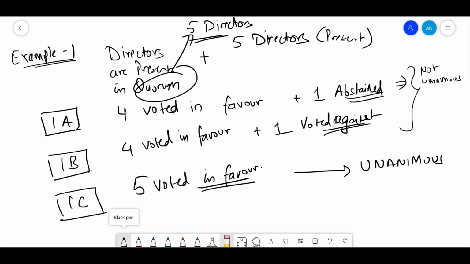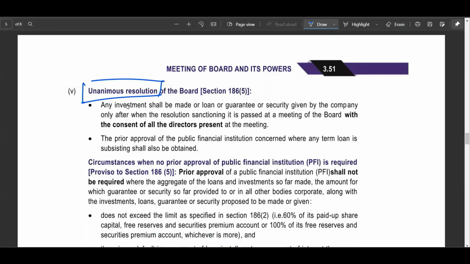Now let's head to the other part. Unanimous resolution. Any investment shall be made, or loan, guarantee, security, and investment can be made if the resolution sanctioning it is passed at a meeting. Board meeting is necessary. Remember that. Board meeting with the consent of all the directors present at the meeting.